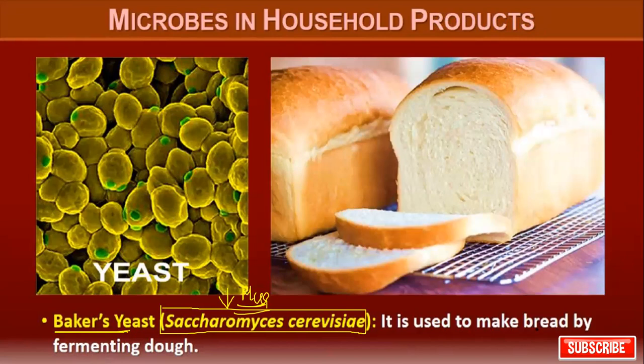It is used to make bread by fermenting the dough, so that the bread has the puffed appearance. The puffed appearance is due to the particular kind of fungus known as Saccharomyces cerevisiae, baker's yeast.